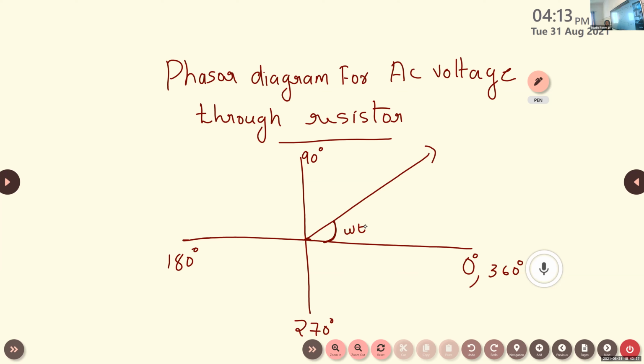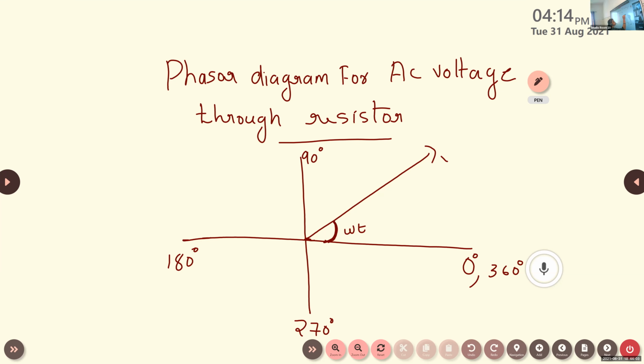It possesses the same phase, or it rotates through the same phase angle omega t. And phasor is a vector that rotates about the origin. Here omega t is the phase angle that rotates about the origin through a particular angle.